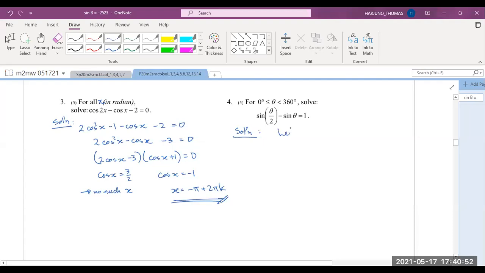So let t equal theta over 2. Now, of course, theta equals 2t, right? Now, then I have sine t minus sine 2t equals 1. Now, you solve for t, and theta will be twice of that.